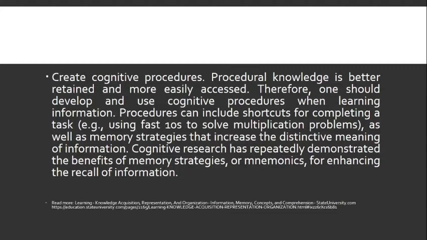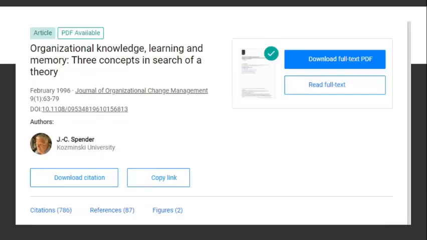Procedures can include shortcuts for completing a task, such as those used to solve multiplication problems, as well as memory strategies that increase the distinctive meaning of information. Cognitive research has repeatedly demonstrated the benefits of memory strategies, or mnemonics, for enhancing the recall of information.